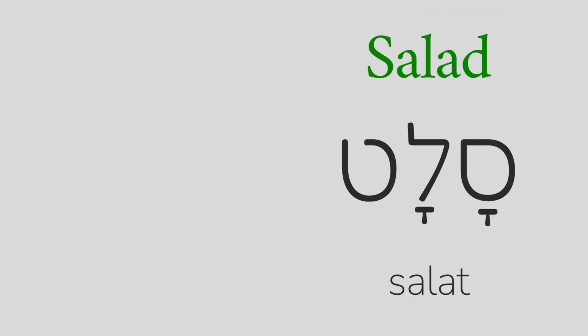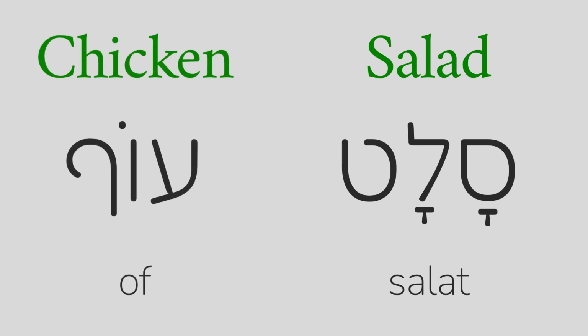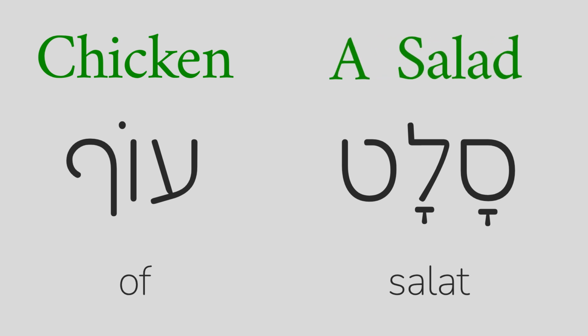Let's use these little words with the words salat, salad, and of, chicken, to make a few phrases. Remember that since there is no word for a in Hebrew, salat can either mean salad or a salad. Now, how would we say the chicken and the salad? Well, remember that in Hebrew, the is a ha attached to the beginning of a word.